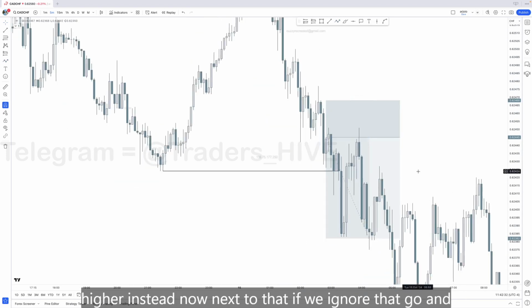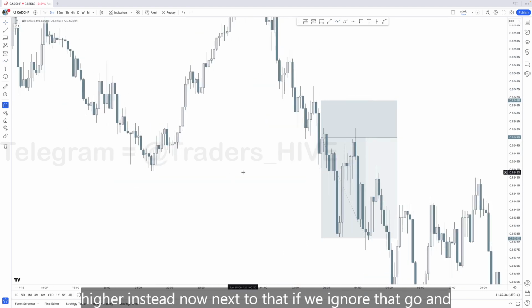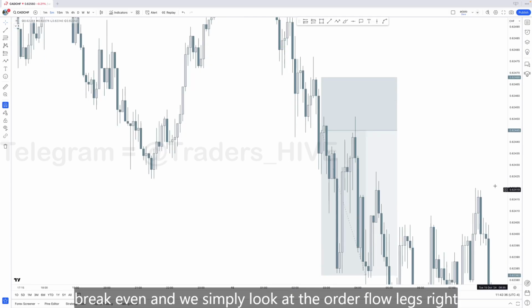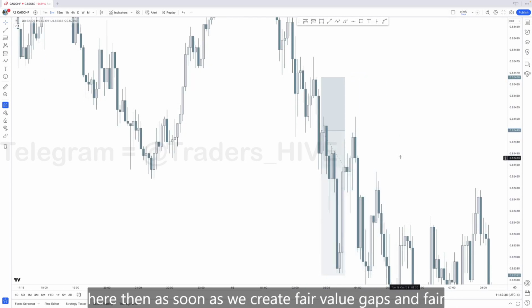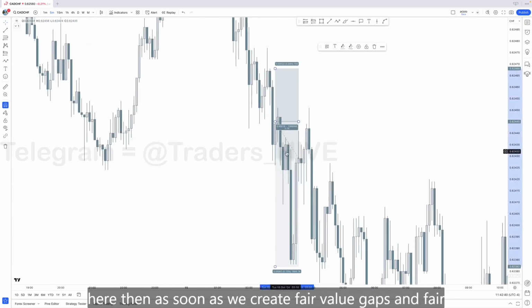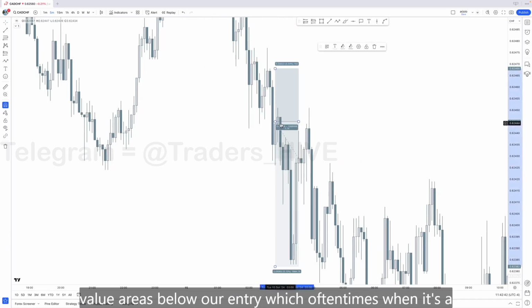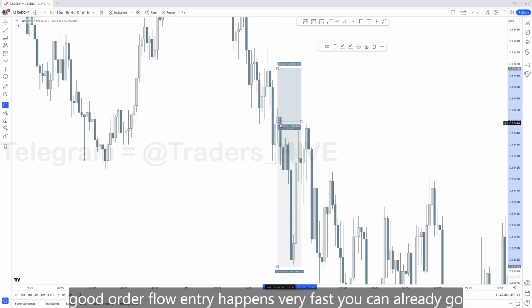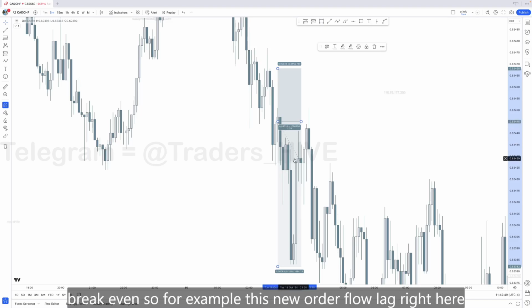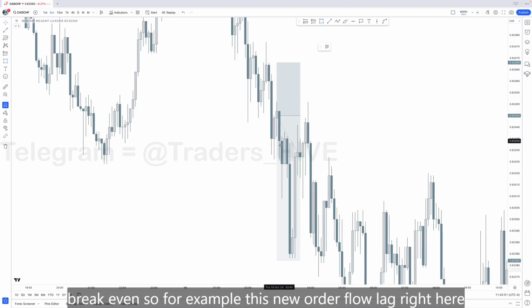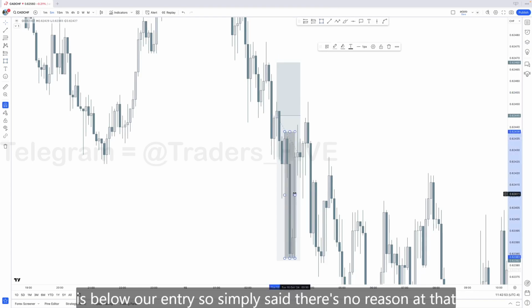Now, next to that, if we ignore that and we simply look at the order flow lags right here, then as soon as we create fair value gaps and fair value areas below our entry, which oftentimes when it's a good order flow entry happens very fast, you can already go break even. So for example, this new order flow lag right here is below our entry.